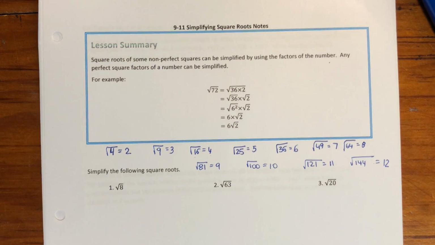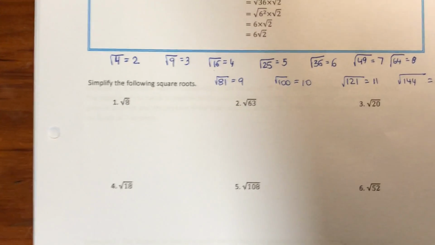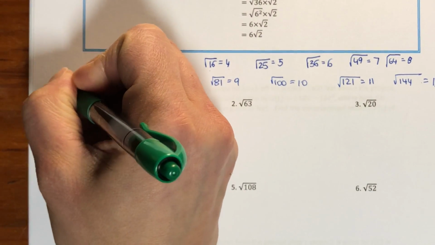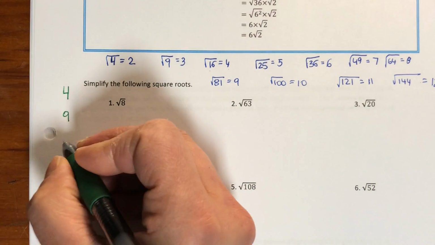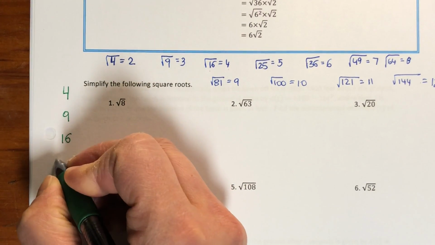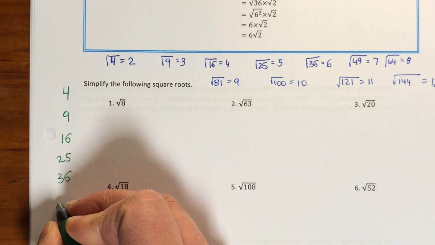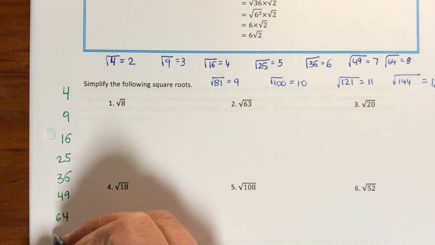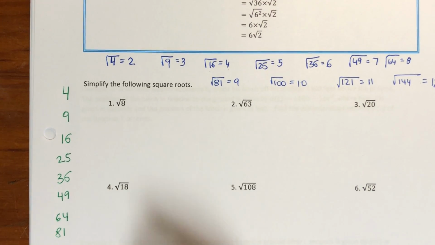So the perfect squares, because I'm going to be using them all the time in today's lesson, I'm going to list them right in here. So 4, 9, 16, 25, 36, 49, 64, 81, 100, 121, and 144.